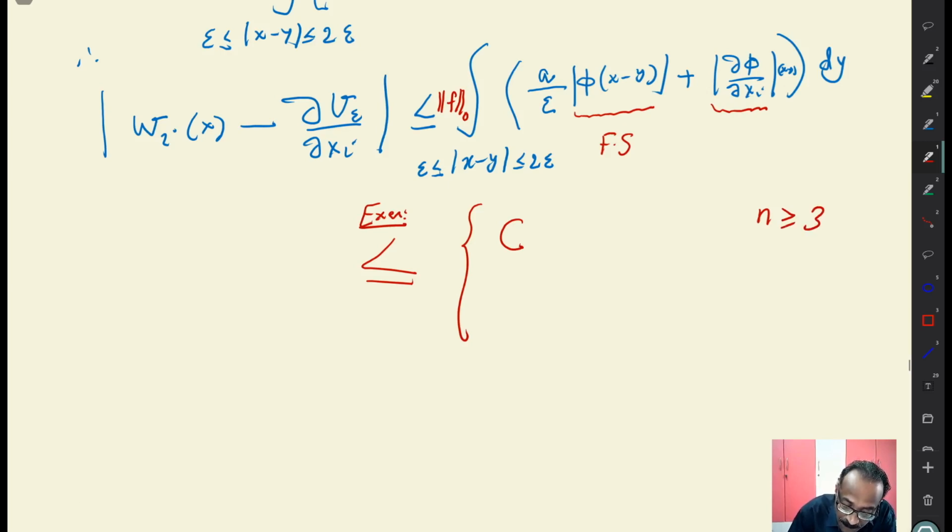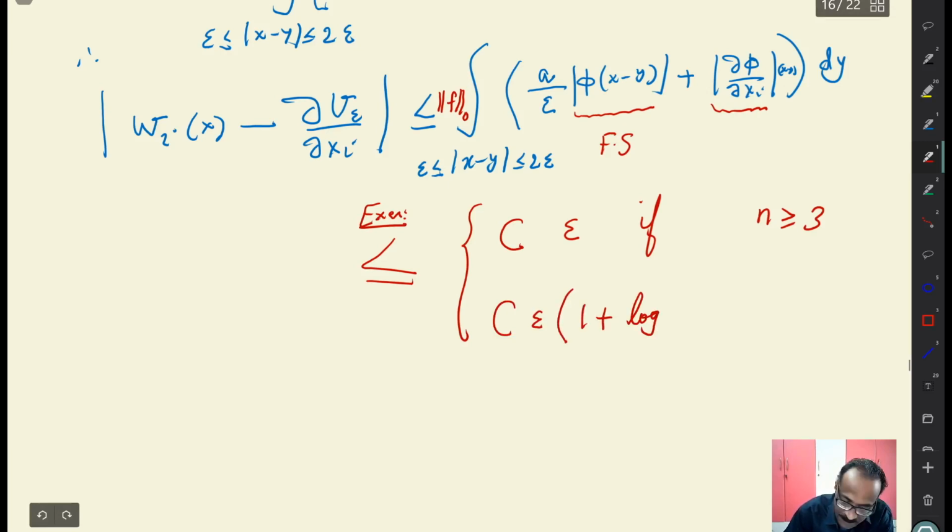So that will bring epsilon, and this will bring an epsilon if n greater than or equal to 2. But for n equal to 2, it will be something like a logarithm. So you will have epsilon, so there will be a little less than epsilon, because 1 plus log, but this is a 0 quantity which is log of epsilon. You can exactly calculate this if n equal to 2.